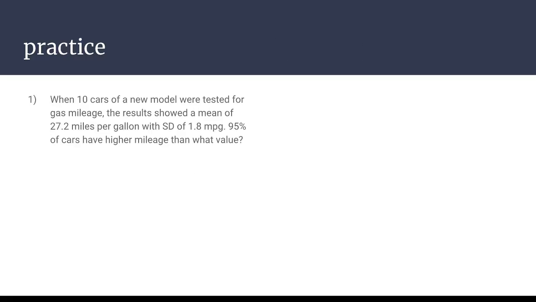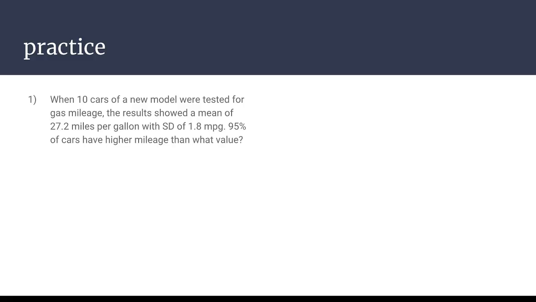Okay. So let's just do this one practice problem, because that's all I have. All right. We'll do it together. So we have a sample size of 10 cars, right? Testing for gas mileage. And the mean of their gas mileage is 27.2 miles per gallon. So this is our sample mean, 27.2.